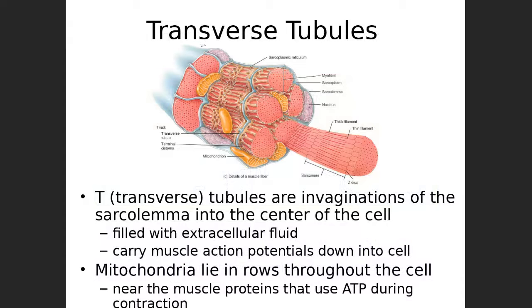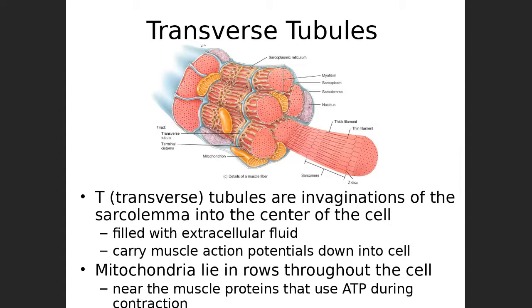So this is what a T-tubule or a transverse tubule looks like. Okay, and there are small invaginations of the sarcolemma into the center of the cell, and they're also filled with extracellular fluid, and that's really designed to carry that action potential, that electrical signal, down into the cell.